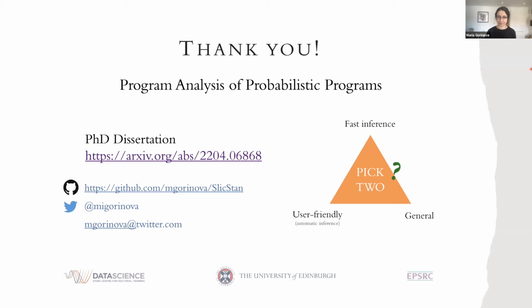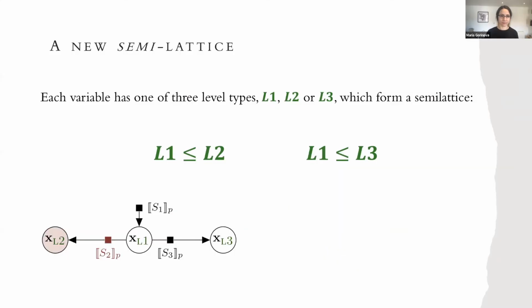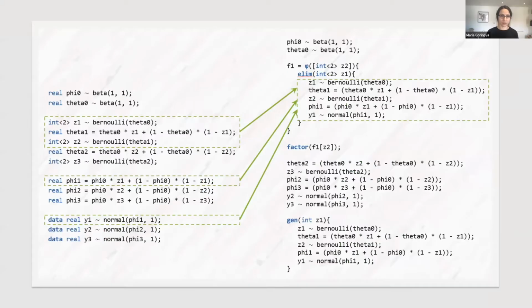Could you go back to one of your slides with code on it, with the SlickStan refactor? I think there was, yeah, that one works. This one? Yeah, that one seems fine. One of the things about Stan is that even the sampling syntax is a little bit of a sleight of hand.